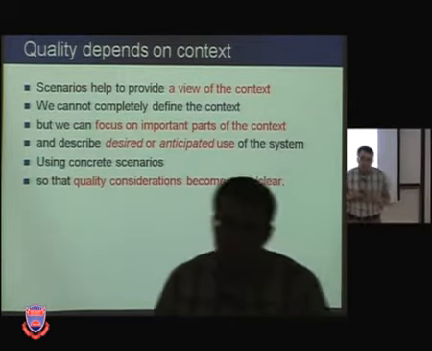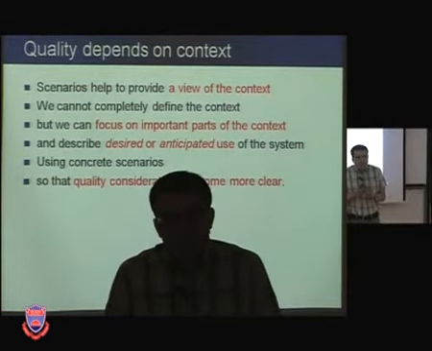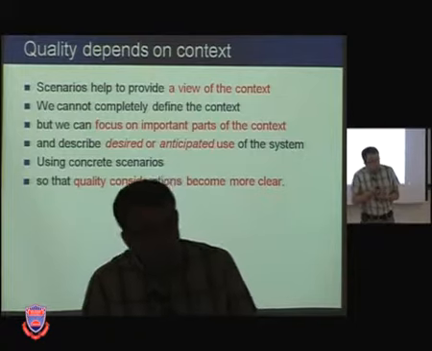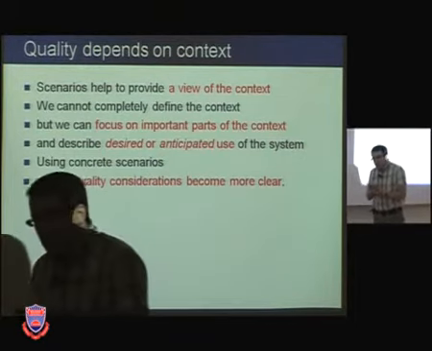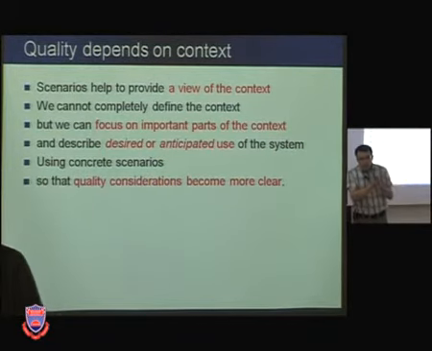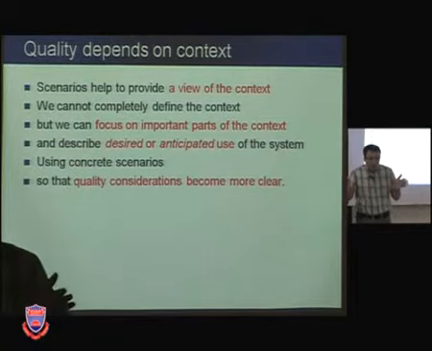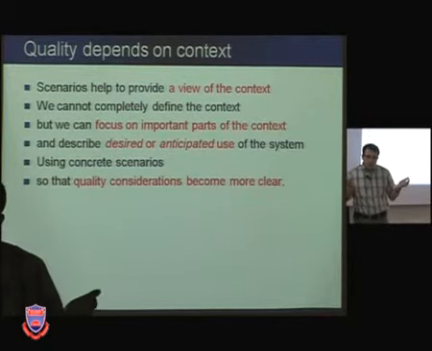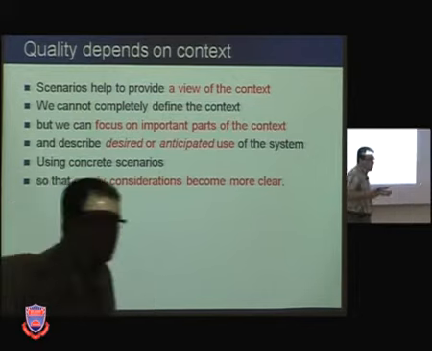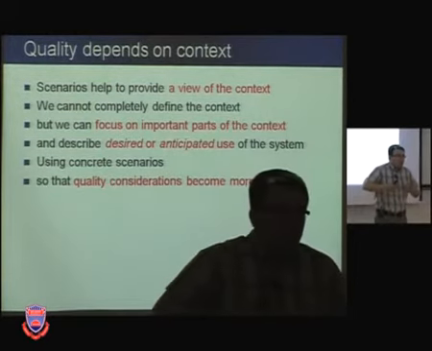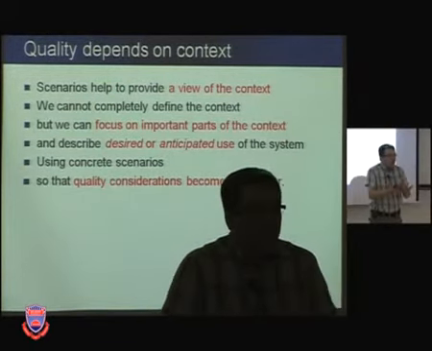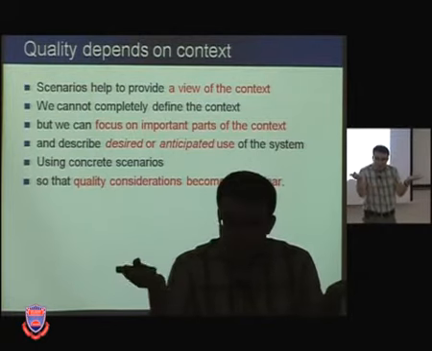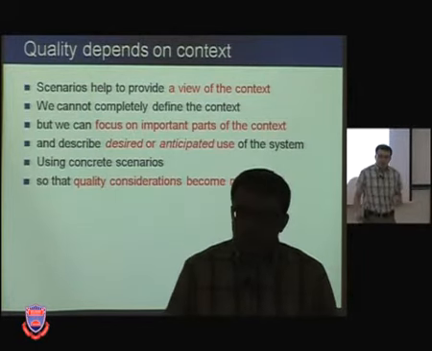You don't really formalize quality concerns like analytical modeling, but you just define stakeholders and let them describe some concrete scenarios related to the quality concerns. In this way, you can consider multiple quality concerns, and the evaluation is also quite easy. You just describe scenarios, and these scenarios are used to evaluate the architecture.